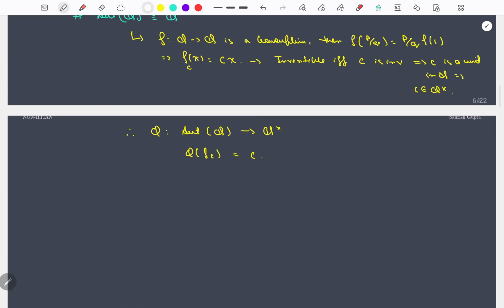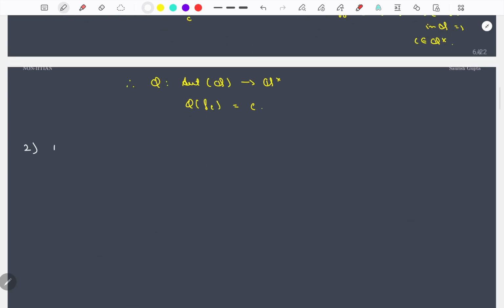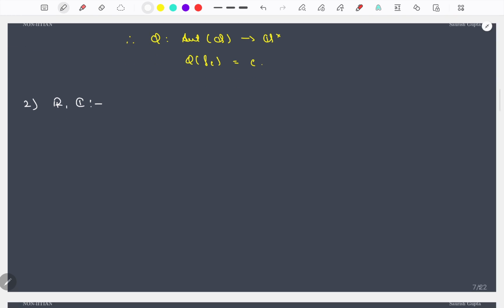What about the groups R and C? So in R also you have the same property, that every subgroup is either cyclic or is dense in C. So let me just again write them one by one. Both are divisible.